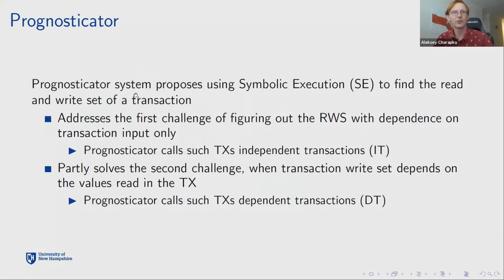This system proposes using symbolic execution to find the read and write sets of a transaction. In doing so, it addresses the first challenge, figuring out the read-write sets of transactions that depend on the transaction input only. This first example, symbolic execution solves pretty neatly.